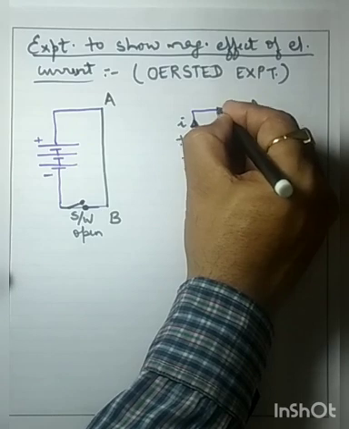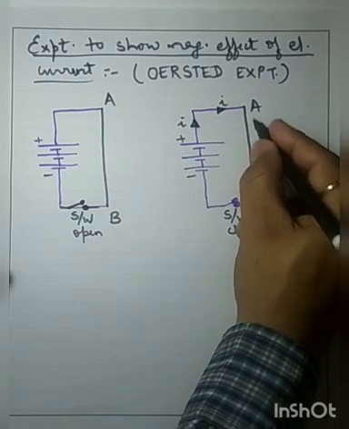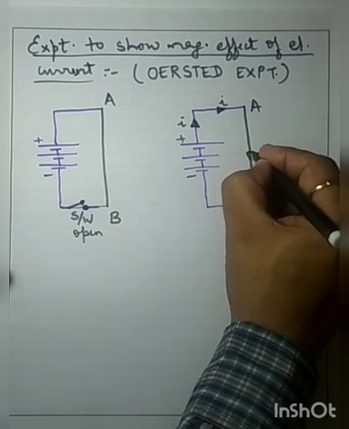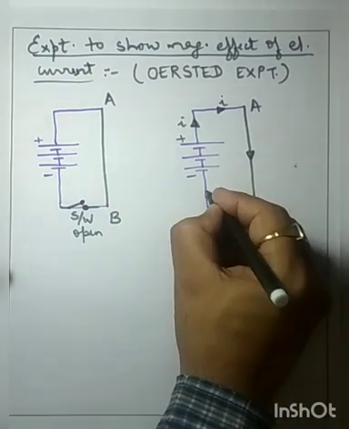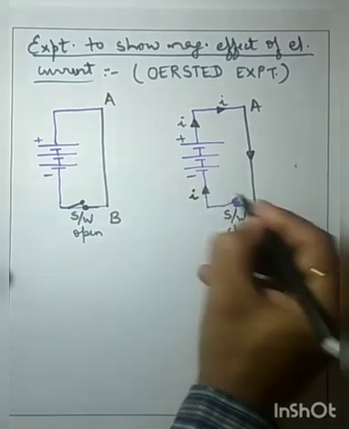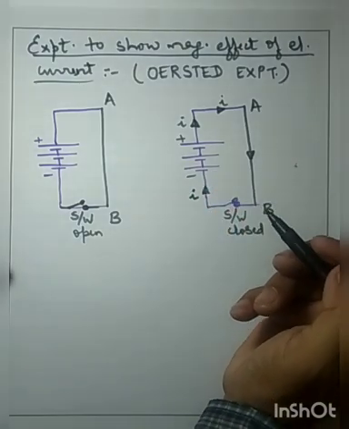It will move towards the end A, and inside this wire it moves from A to B, again from B to the negative terminal, and the current comes back at the negative terminal of the battery.